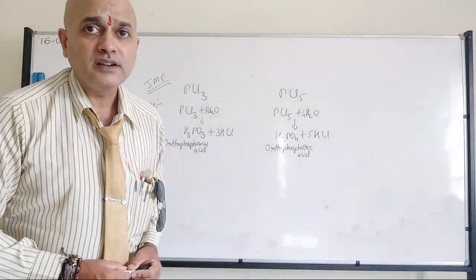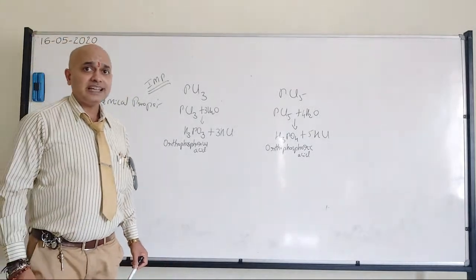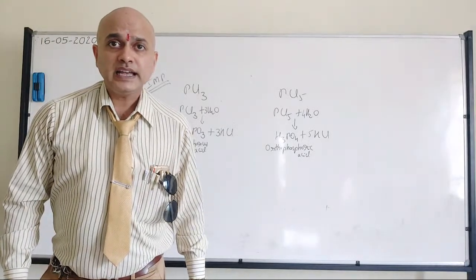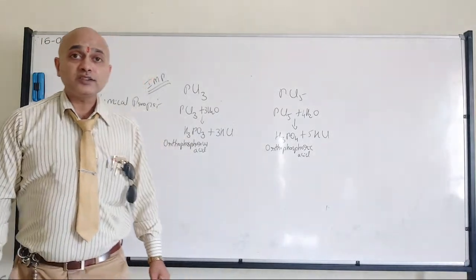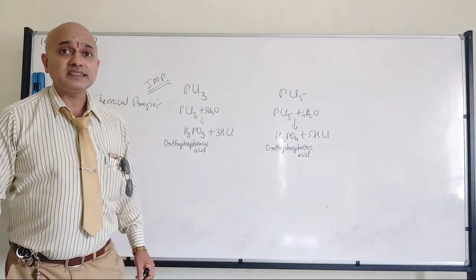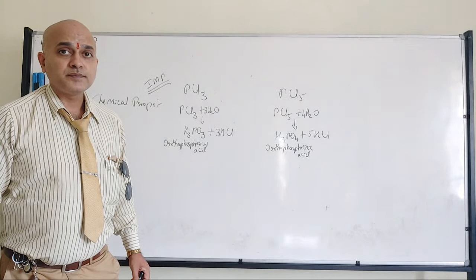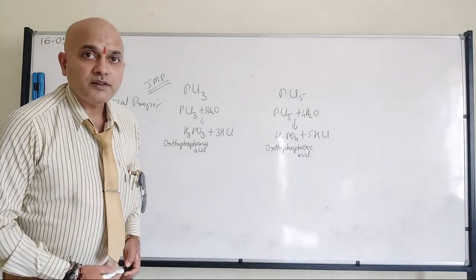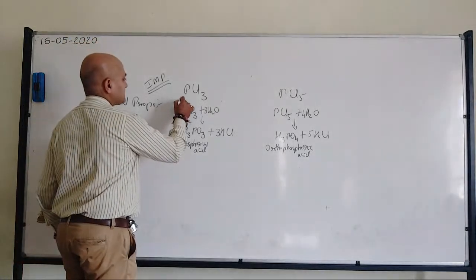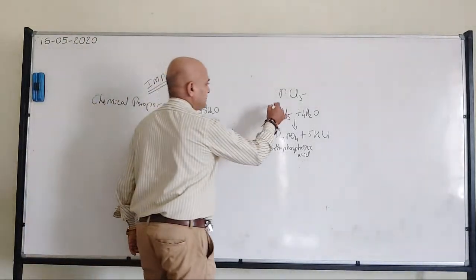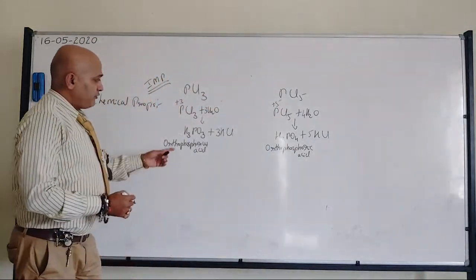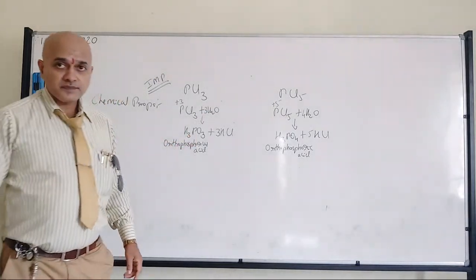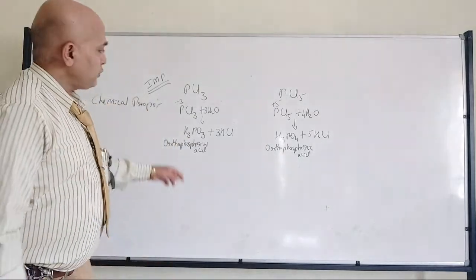Now what is the oxidation state of phosphorus in PCl3? Any one of you? Fast. Can any one of you tell me? Okay, very good. So that is plus 3. Naturally in PCl5 it will be plus 5. Now what is the oxidation state of phosphorus in orthophosphorus acid?